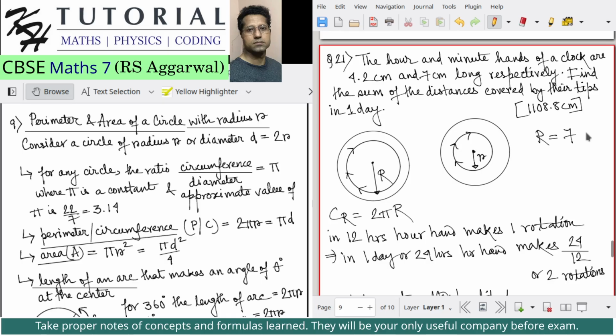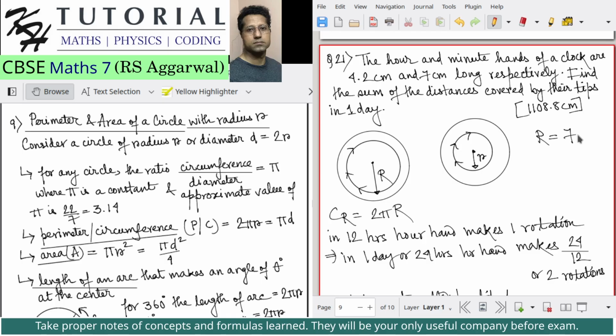I'm sorry, the length of the hour hand is obviously smaller than the minute hand. Usually capital R is used to denote a larger radius, and small r is used to denote a smaller radius, but I have incorrectly used them.